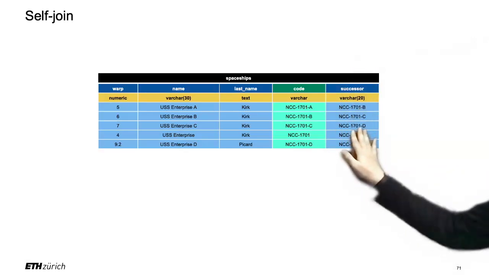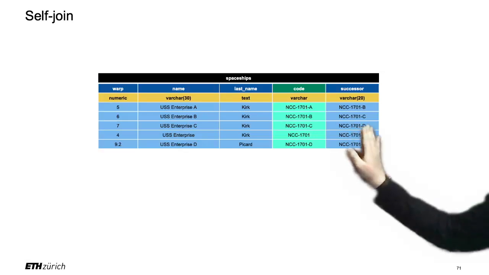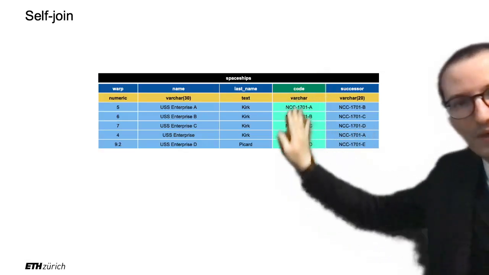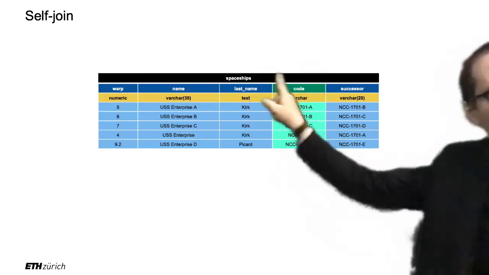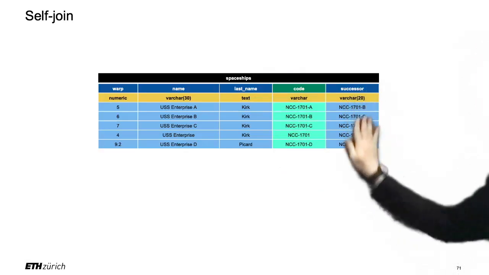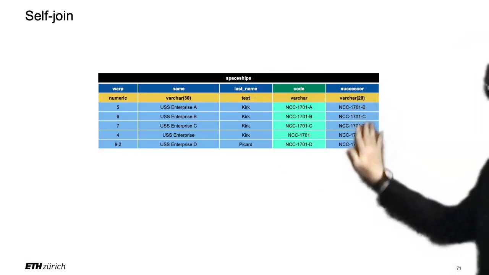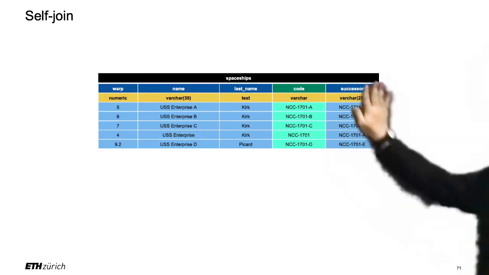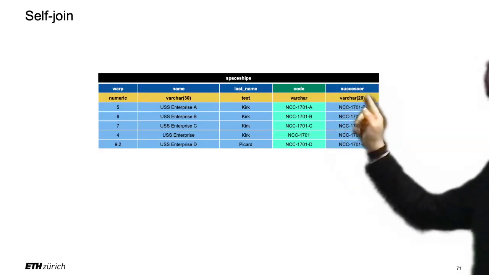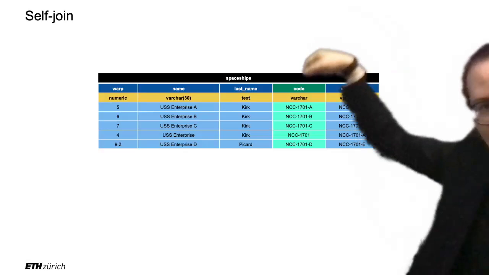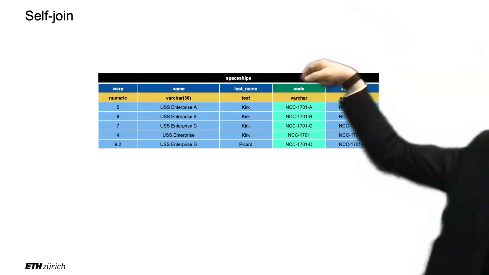Do you remember primary keys, foreign keys? That would be the primary key of that table, and that would be a foreign key. Remember, references? But the difference with before is that this foreign key is actually pointing to the same table. And that is absolutely possible.